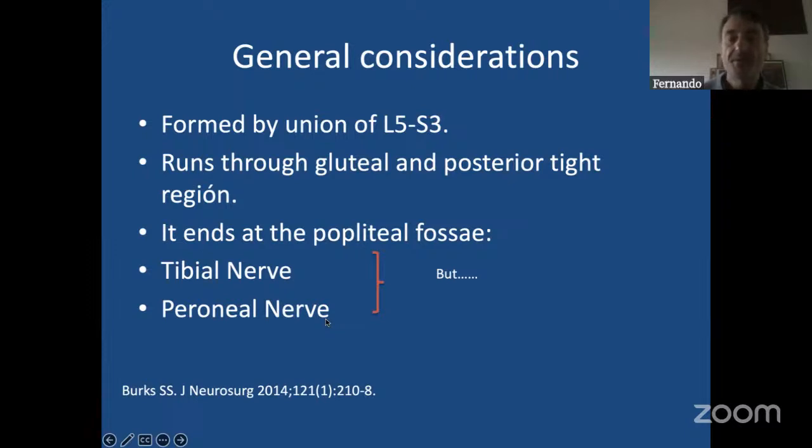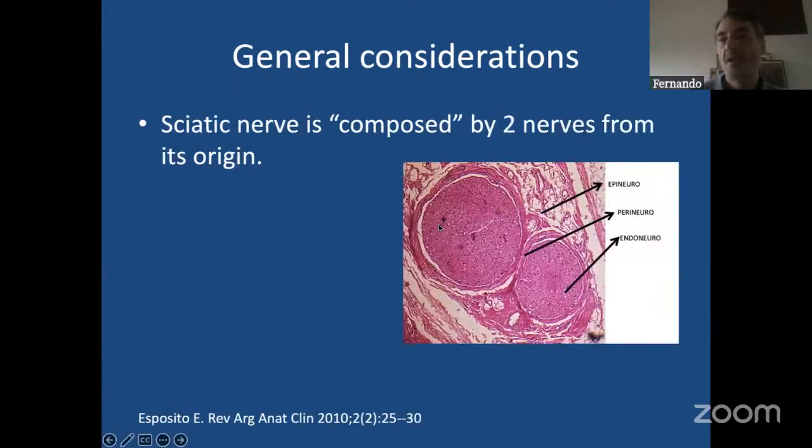But there is an important detail. This is an anatomical specimen of our cases. The sciatic nerve is not one nerve, but two nerves involved by the same epineurium bundle.